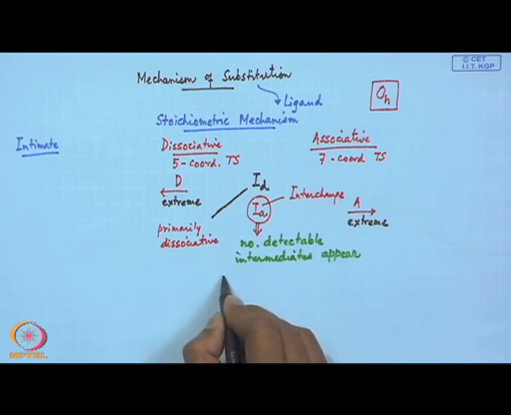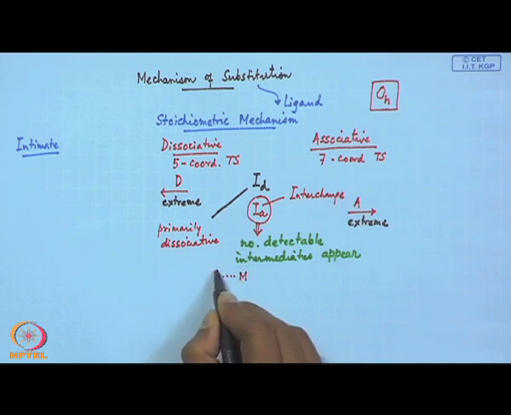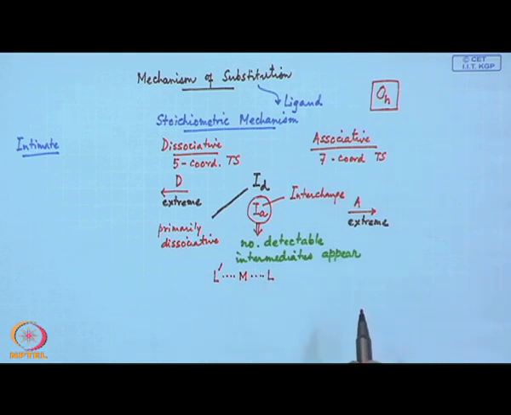So, one bond is forming weakly to the metal when L prime is coming, and the other bond which is already present is weakened appreciably.